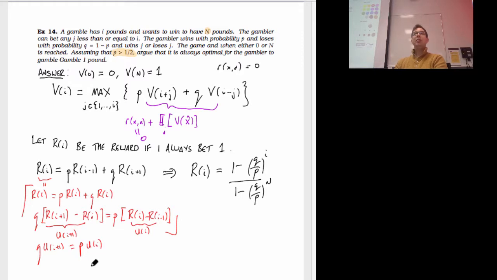And then from U, I can get R, and that'll give me this. Because I can just notice that these U of I's have to decrease geometrically. Because U of I plus 1 is equal to P divided by Q times U of I, and then that is equal to P divided by Q squared, times U of I minus 1. And I keep on going all the way down to 0.